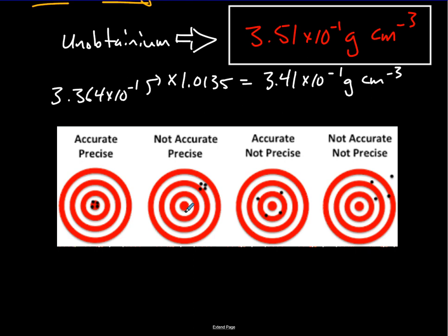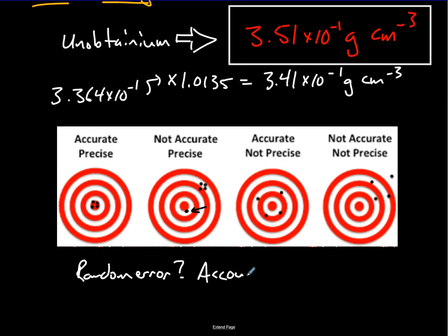So what does that tell you about the arrow that we shot? It has what in it? It has some kind of problem. Does it have random error? Sure did.